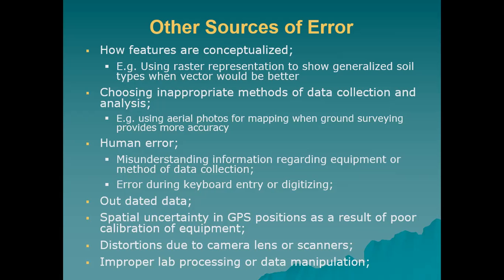But if you want details of your soils, raster would be more appropriate because remember from a previous lesson, we said we use raster to represent continuous data. And in the real world, if you want details, remember soils change from one soil type to another by transition. There is no abrupt change.